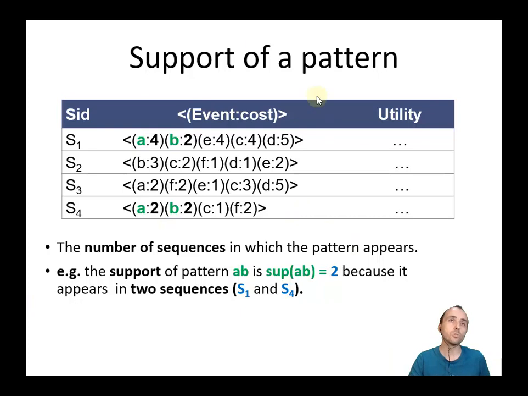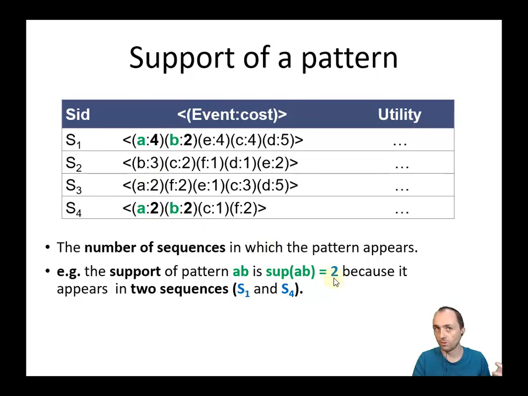The first measure is called the support of a pattern. This is not something really new. It has been used in many other papers before. The support of a pattern is the number of sequences where the pattern appears. So if we want to check how many times the pattern AB appears, the support of AB, we will find that it is 2, because A followed by B appears in sequence 1 and also in sequence 4.